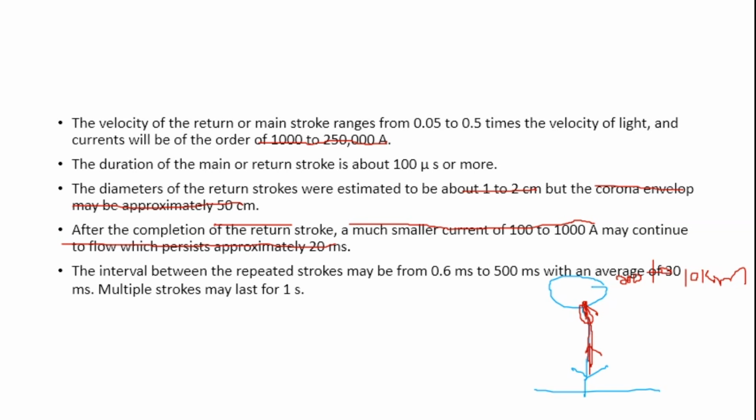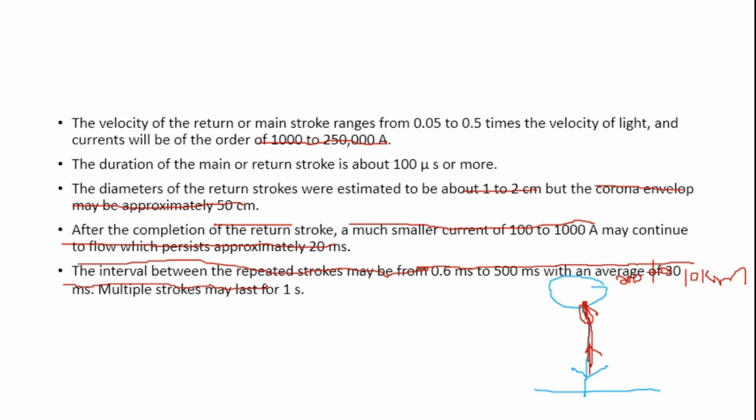The interval between the repeated strokes may vary from 0.6 millisecond to 500 milliseconds, with an average of around 30 milliseconds. The multiple strokes may last up to 1 second as well.